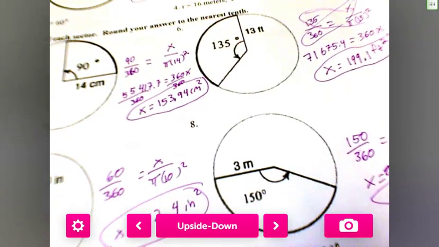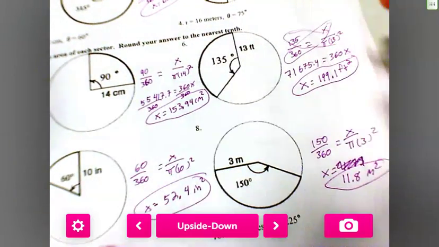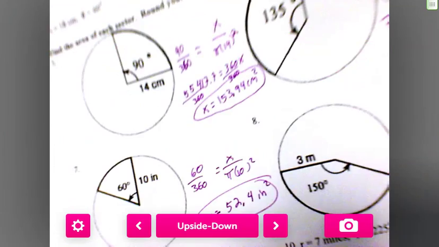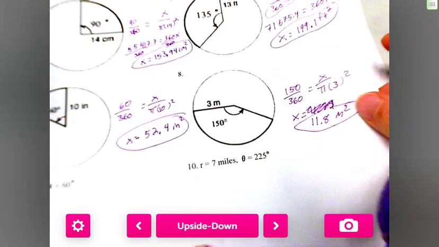Number 7, you should get 52.4 inches. And number 8, you should get 11.8 meters.